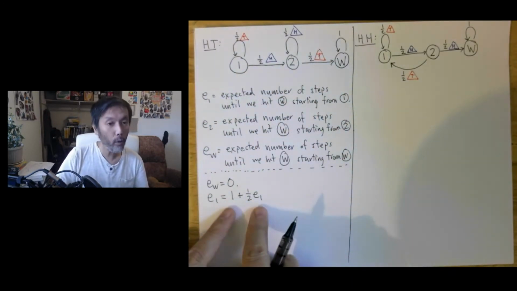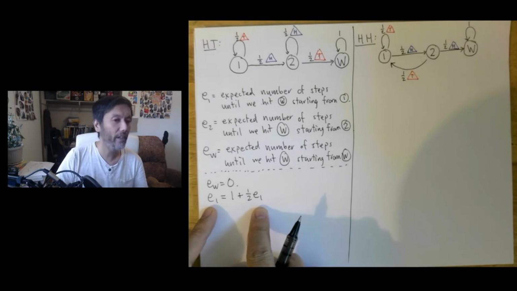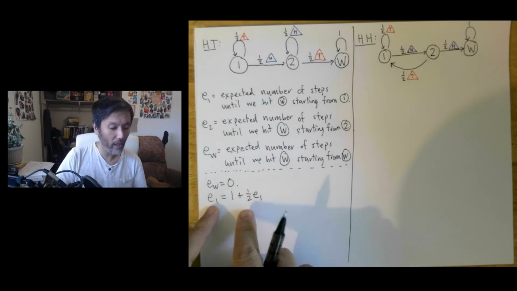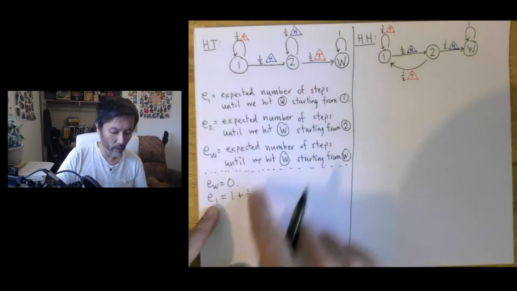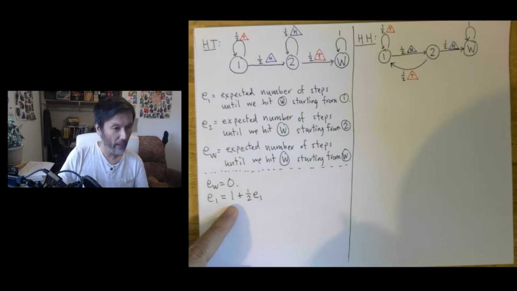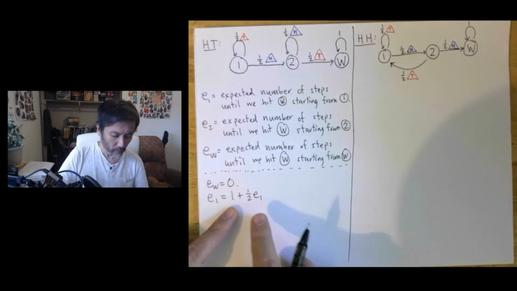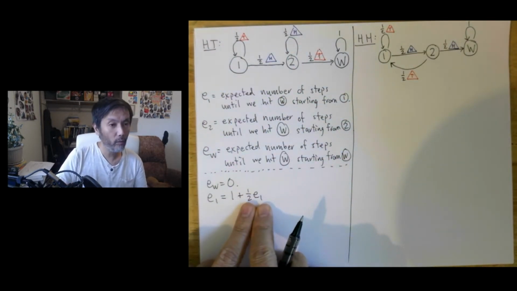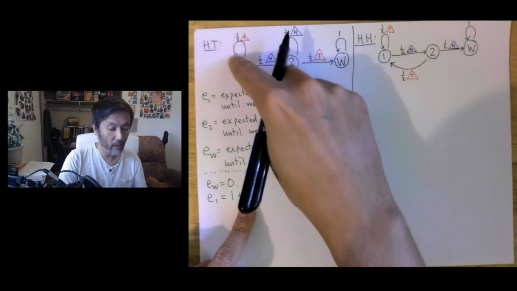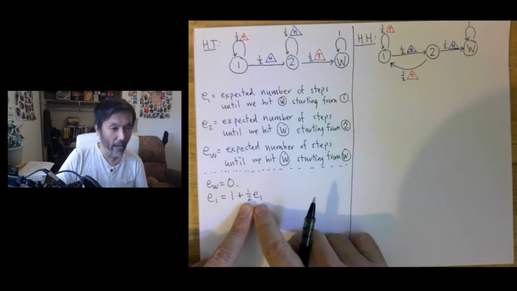So one portion of the term for this equation, we're not done yet, is that the expected number of steps to get from state 1 to state W is going to be, well, the 1, again, that's the step that we take in leaving this state. Here, we're going to represent the chance that we land back in state 1 by 1/2 E1.